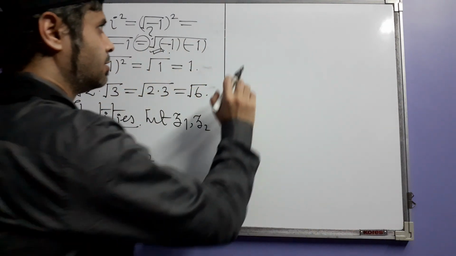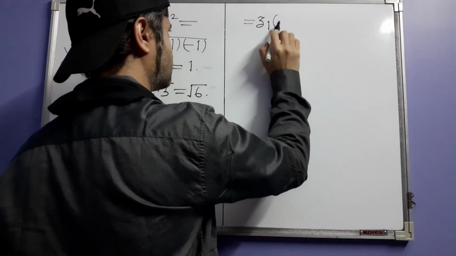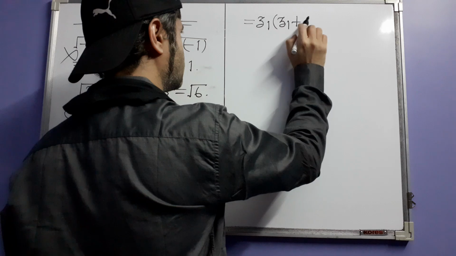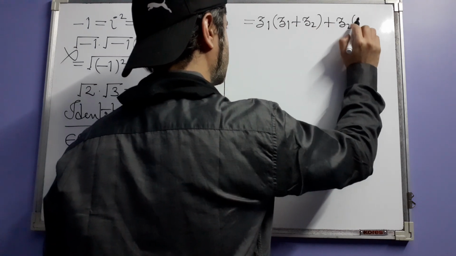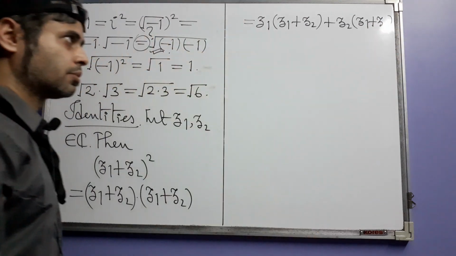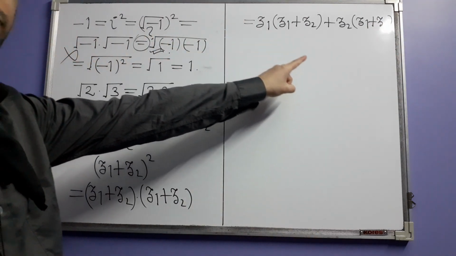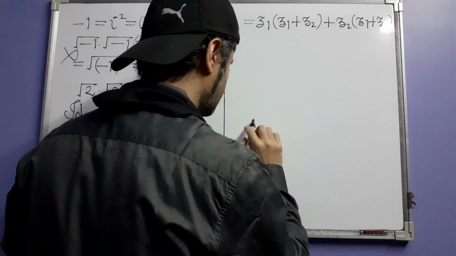Say if I write, after this if I write this, we have used one of the distributive laws. Which one? That one which tells us this.